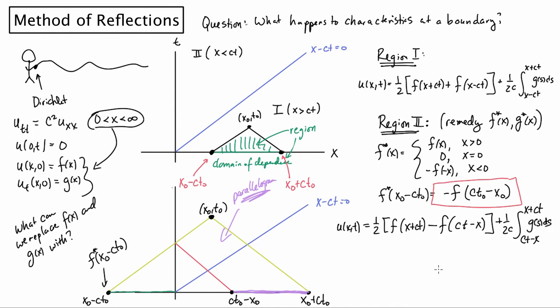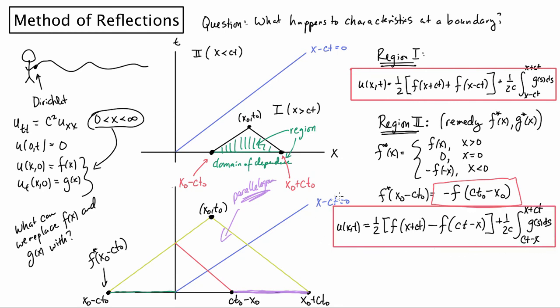So if you look in your book, it's going to have two different formulas. It's going to have one formula if you're ahead of the waveform, and a different formula if you are behind the waveform. And what I mean by the waveform is this sort of leading edge from the boundary. And so those are the two formulas that you obtain, but I want you to understand the method here because we don't want to write down a bunch of formulas for a bunch of cases. We just want to understand how characteristics interact with the boundary.